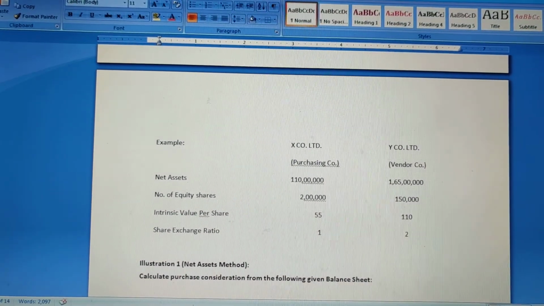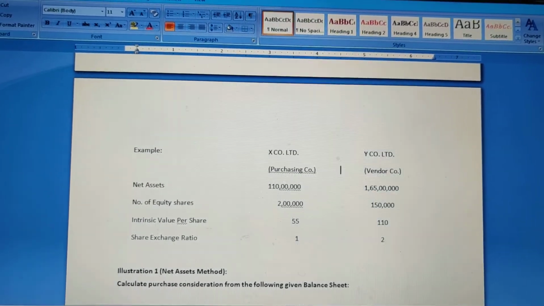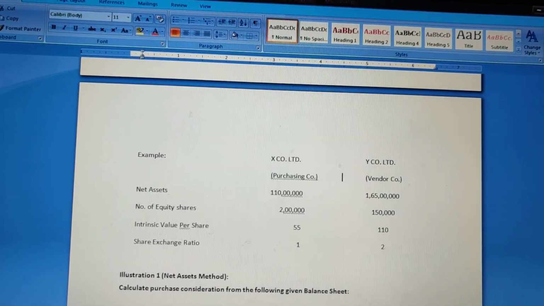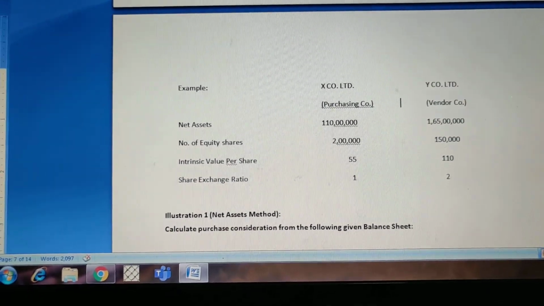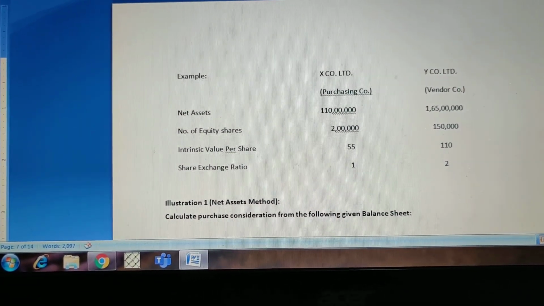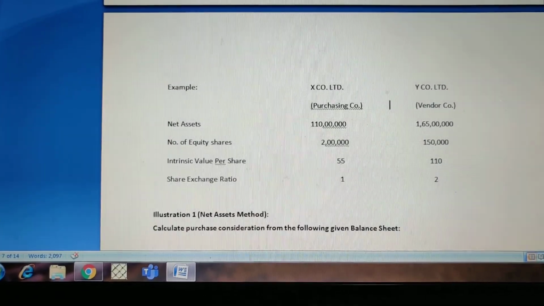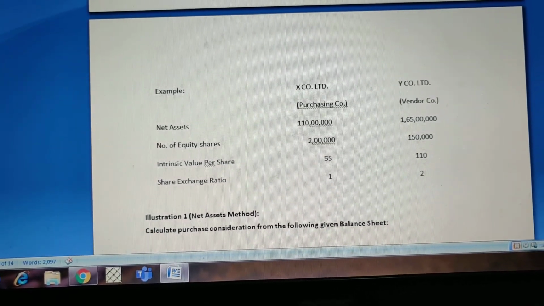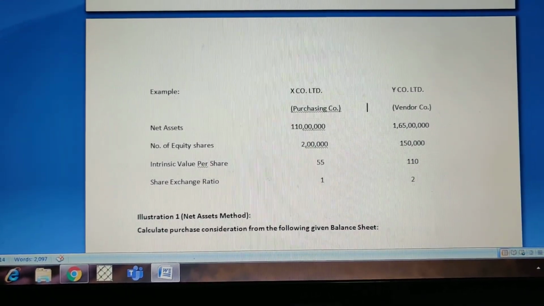Net assets means all the assets minus all the liabilities. The number of equity shares, 2 lakh and 1,50,000, is also given. With this information, you have to calculate the intrinsic value per share. What will be the formula for calculating this? You just have to divide your net assets by the number of equity shares. Clear? So 1,10,000 divided by 2 lakh gives an intrinsic value per share of 55. So what does intrinsic value per share mean?